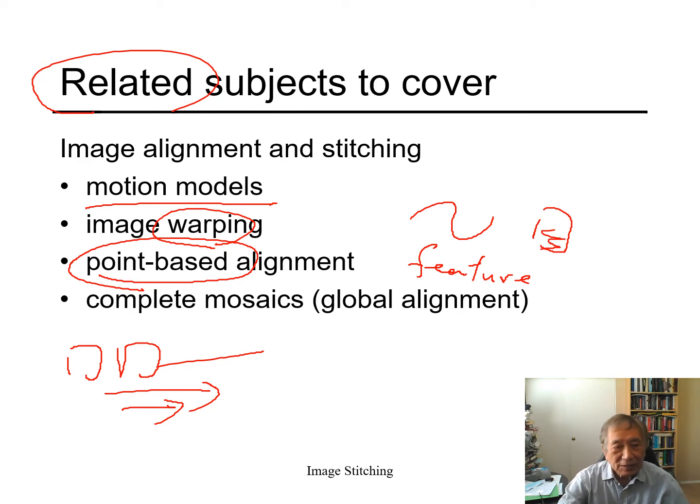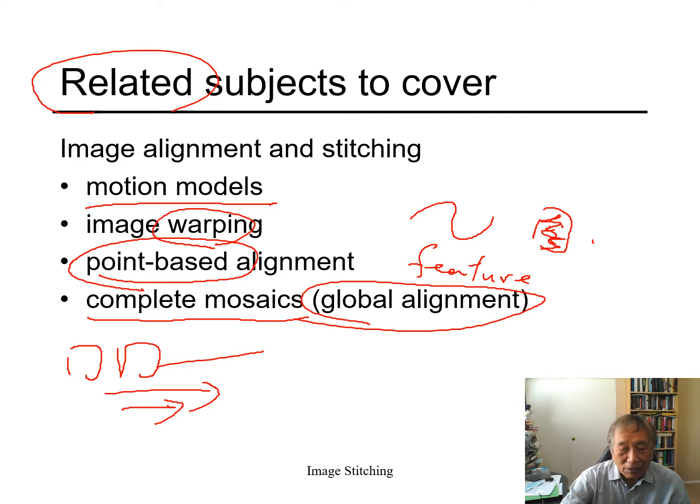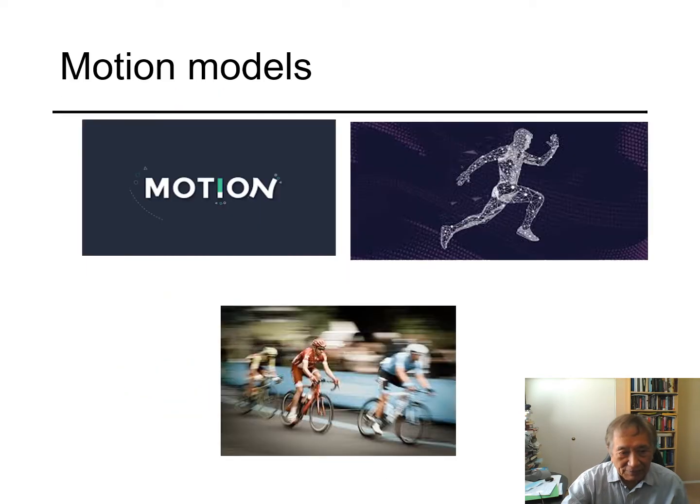Based on this understanding of the features, you can do the alignment. So we talked about feature detection and then matching. That was the subject we were discussing before. And then they finish up with mosaicing. This is called global alignment. These are the algorithms related to the stitching activities.